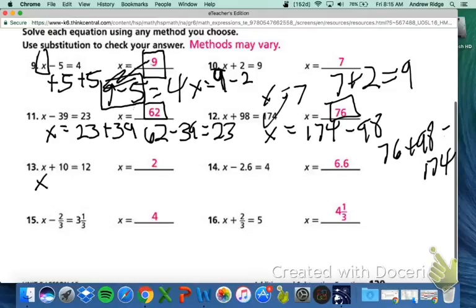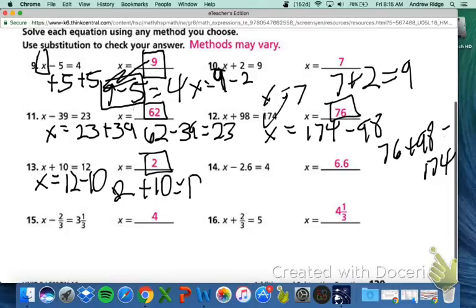So x equals, using the inverse operation once again, 12 minus 10, right? So that would be 2. So then if we say 2 plus 10 equals 12, that's a true statement, so it checks.